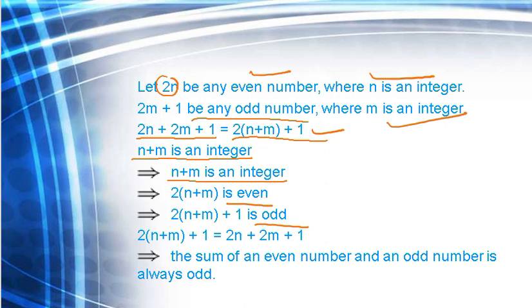So 2n plus 2m plus 1 is odd. It is implied that the sum of an even number and an odd number is always odd. I hope all of you understand what I introduced in this session, and it will be helpful for you in mathematics, right?